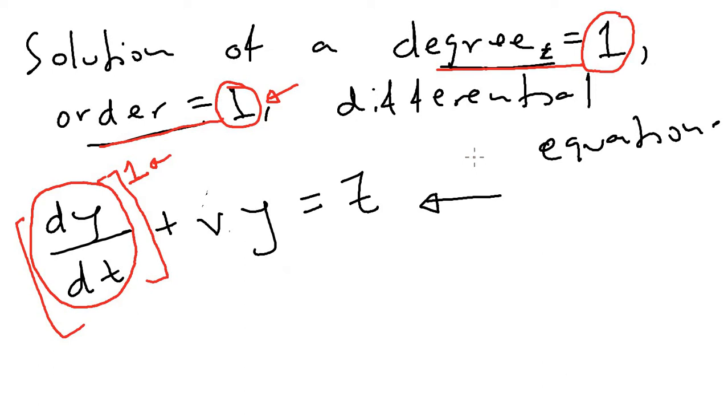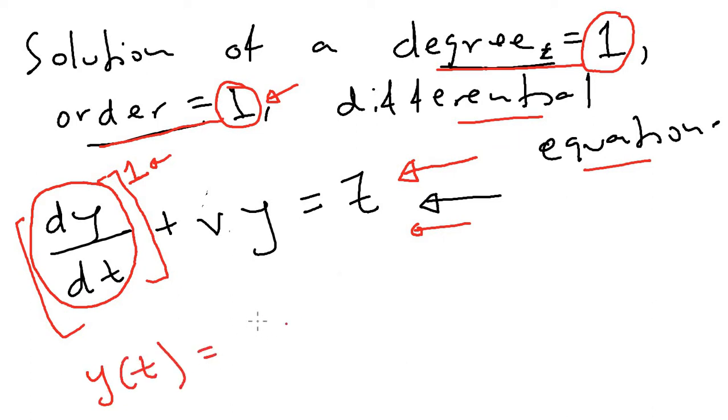Anyways, if you have a order 1 degree 1 linear equation like this, a differential equation like this, in that case the solution can be found using this formula. There are other methods as well, but this is, I think, most common, most popular. So you're more likely to see this in your masters or in some other course.